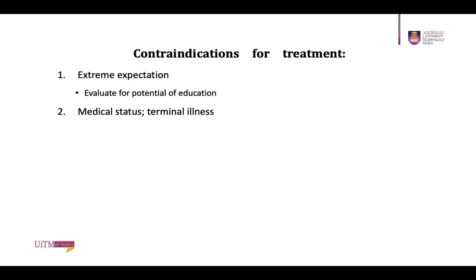Maybe the patient will not be able to use the denture properly because of mucositis in the mouth, because they're already on cancer treatment, and maybe the patient has only a few weeks left. These are the patients that you want to advise accordingly. Maybe dentures are not for them.